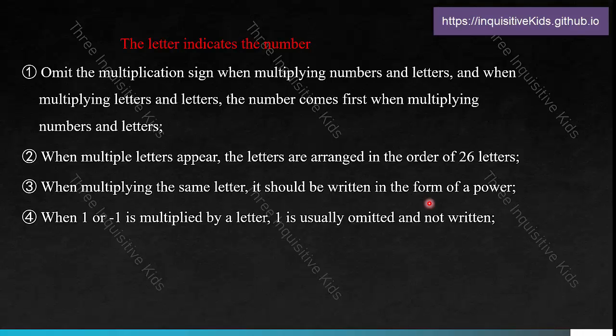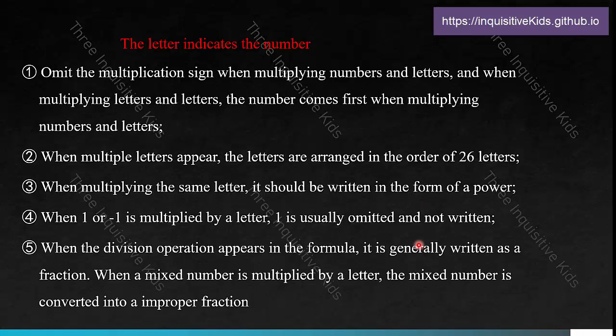Fourth, when 1 or negative 1 is being multiplied by a variable, 1 is usually omitted and not written. So basically, if we have 1 times n, we could just write n because the 1 wouldn't really change anything. And for the negative 1, negative n.